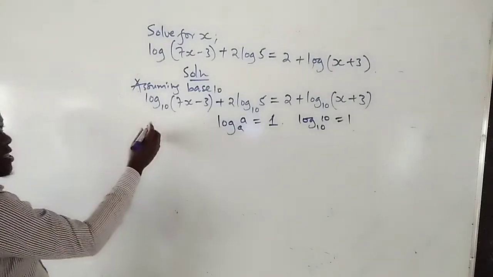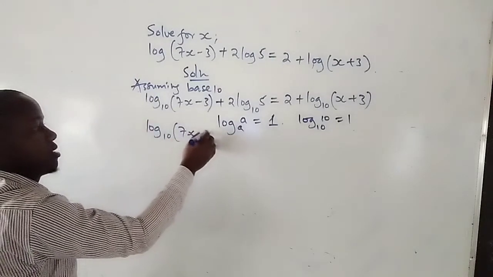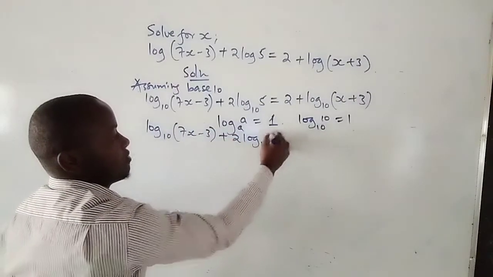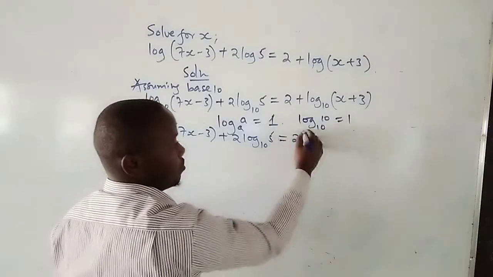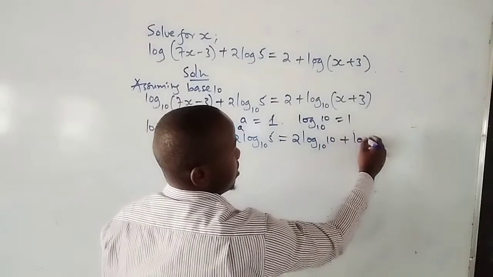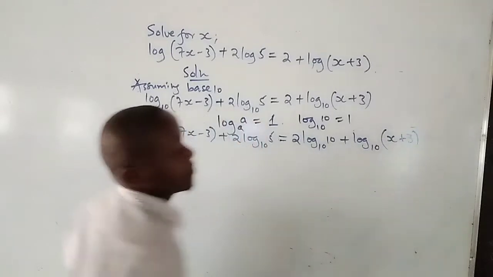So we can express it that way: the logarithm to base 10 of 7x minus 3 plus 2 times the logarithm to base 10 of 5 is equal to 2 times the logarithm to base 10 of 10 plus the logarithm to base 10 of x plus 3.